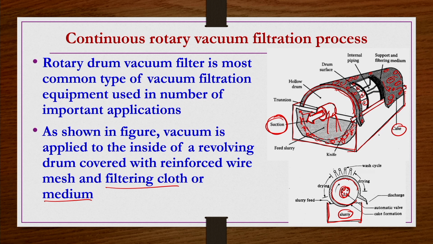Through this hollow structure you apply the so-called vacuum to suck the material from the slurry. Only the liquid passes through the filter medium covering the drum, and that is collected as filtrate.